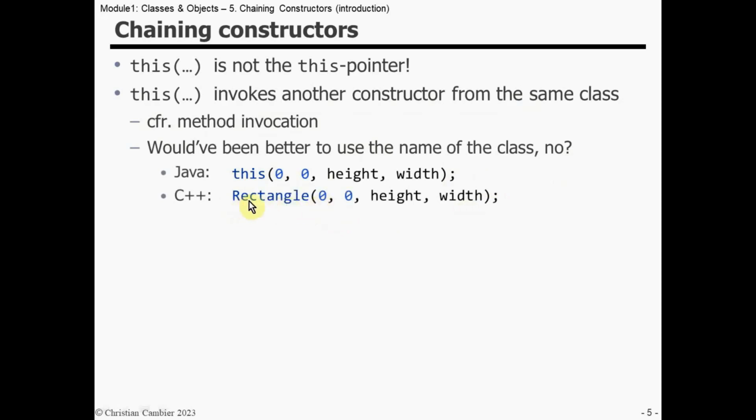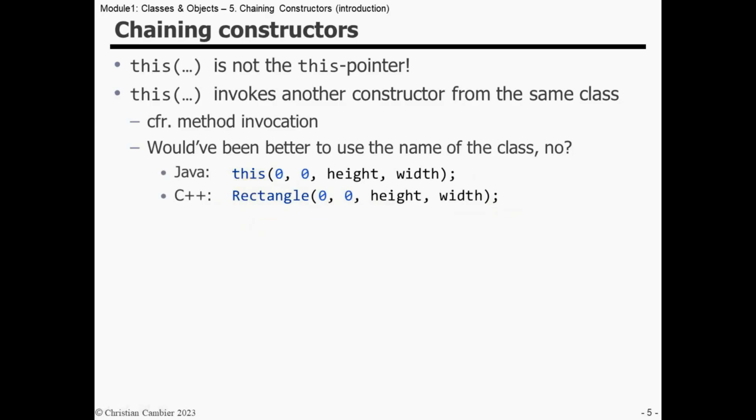So this, to me, looks more like, okay, I'm invoking this method called rectangle, and I pass these 4 arguments. I find this notation much clearer. I don't know why they've decided to use this. I find it a bit confusing. Again, this doesn't represent the this pointer. No, it just refers to the name of the constructor of the same class.